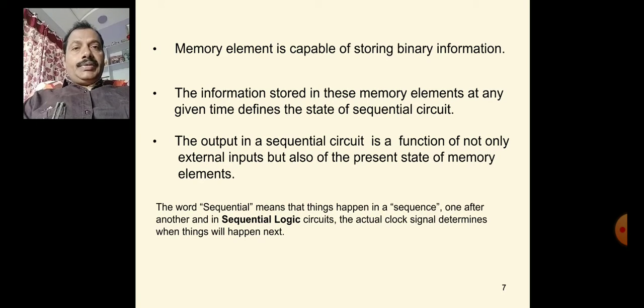The word sequential means that things happen in a sequence, one after another, and in sequential logic circuits the clock signal determines when things will happen next. That means the order of events to be executed is decided by the clock signal only.